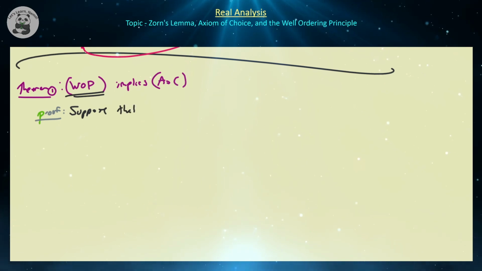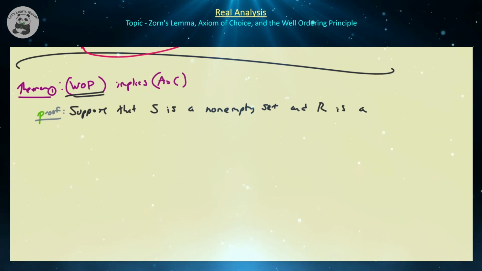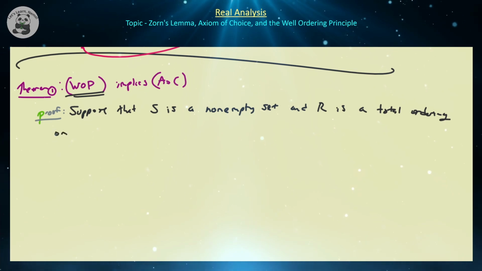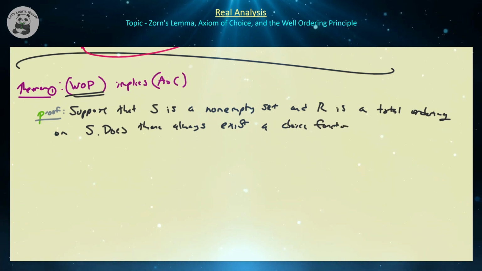So suppose that S is a non-empty set, and R is a total ordering on S. Does there always exist a choice function on this particular set S, right?